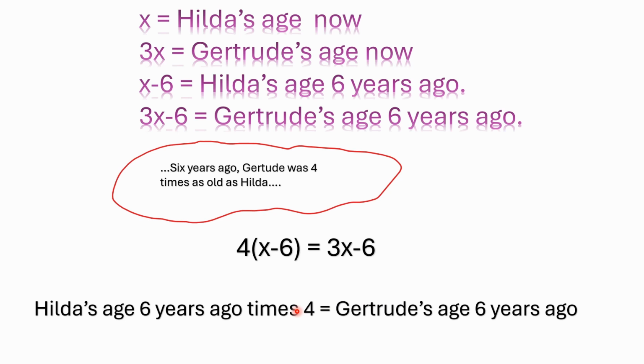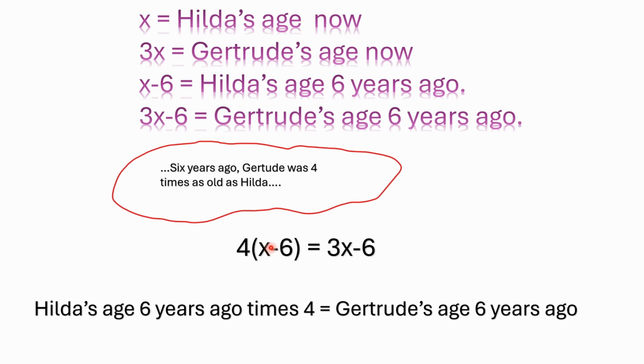So you just multiply Hilda's age by 4 from 6 years ago and set that equal to Gertrude's age 6 years ago. So this is a very important concept right here to understand to be able to solve this. And we know that Hilda's age 6 years ago was x minus 6.